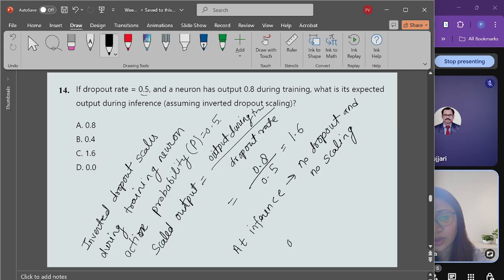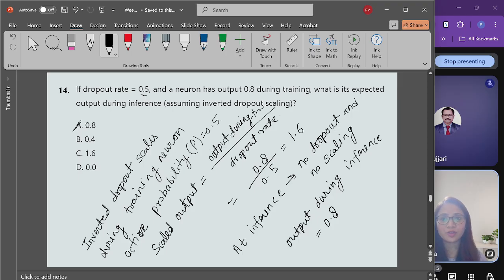So the output during inference is the same as during training, that is 0.8. So option A is correct, not C, because the scaled output they have given is there to confuse you.